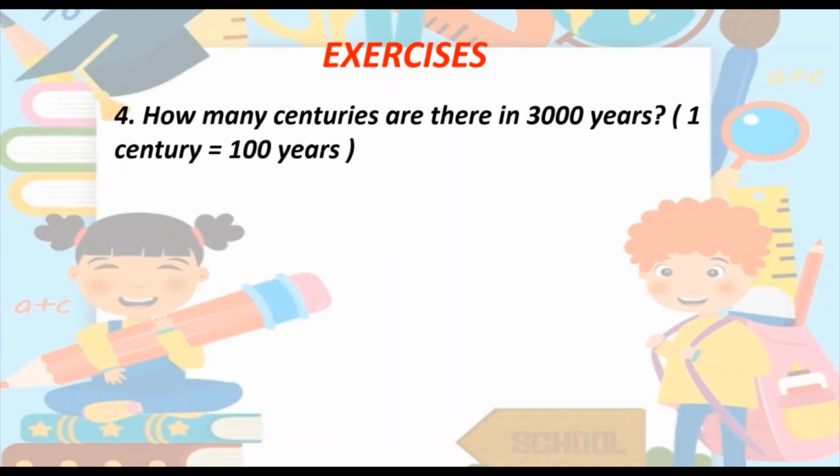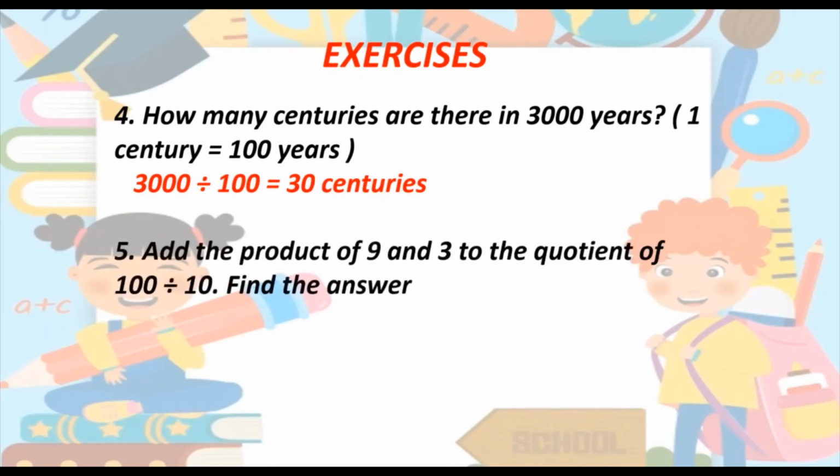So now you remember, children, when we divide a number by 100, the digits in the ones and tens place become the remainder and the remaining digits become the quotient. So here in 3000, 30 becomes the quotient and 0 becomes the remainder. So we have 30 centuries in 3000 years.